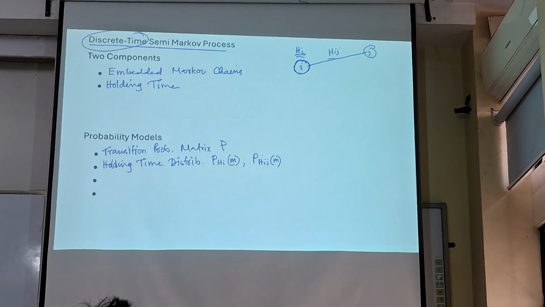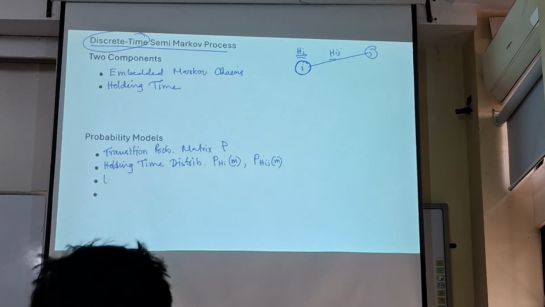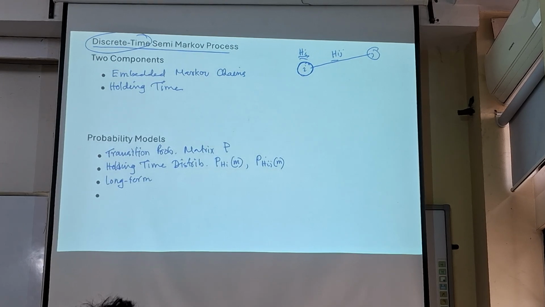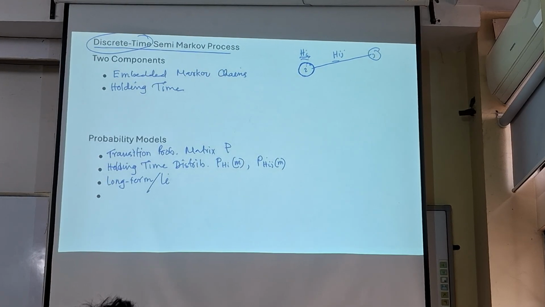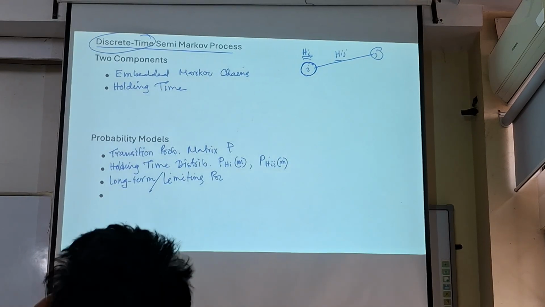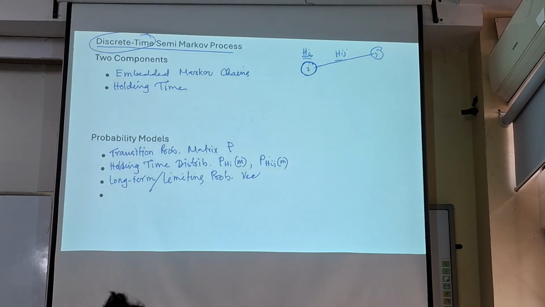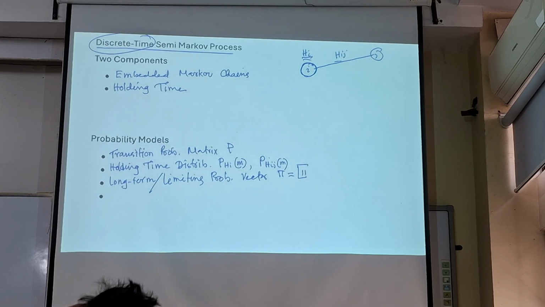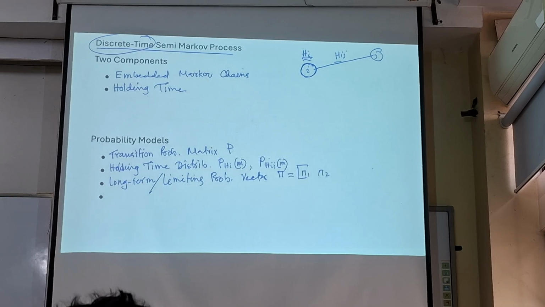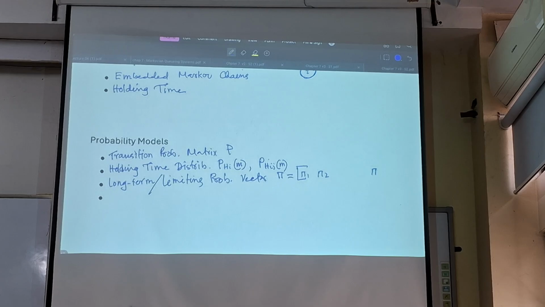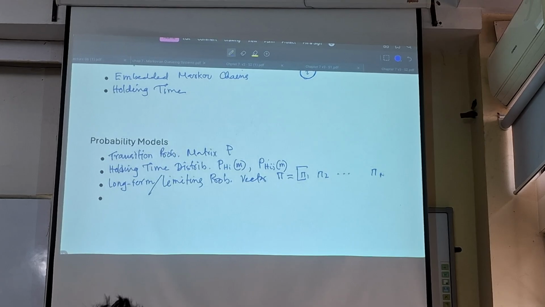Then we need to consider the long-term probability, or the limiting probability, which we are very familiar with: pi 1, pi 2, ... pi n.